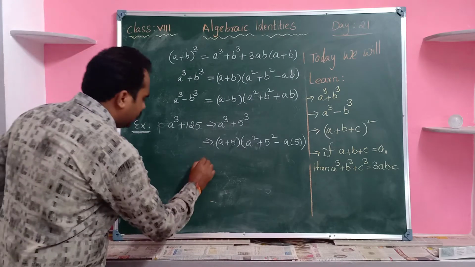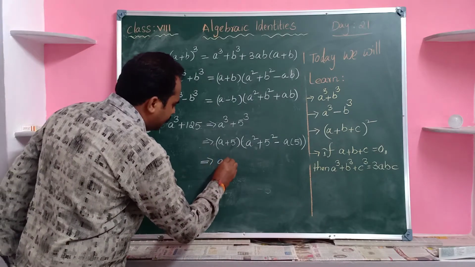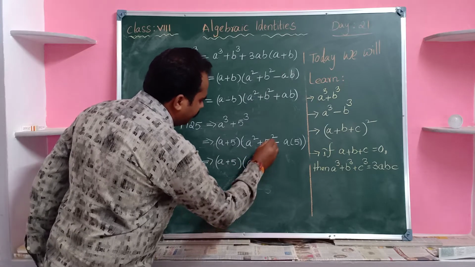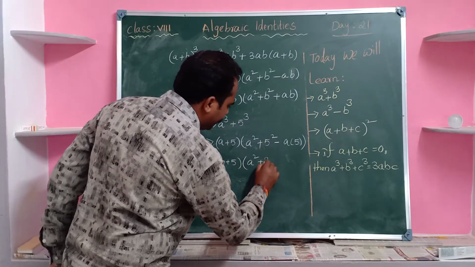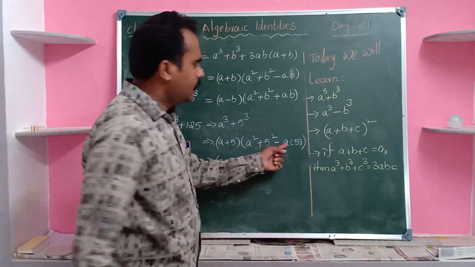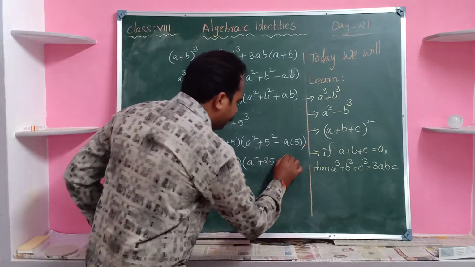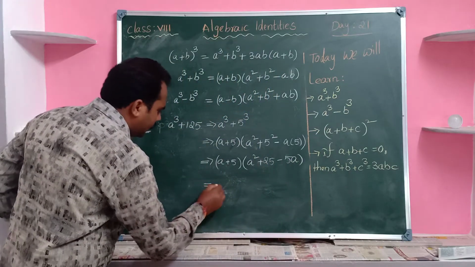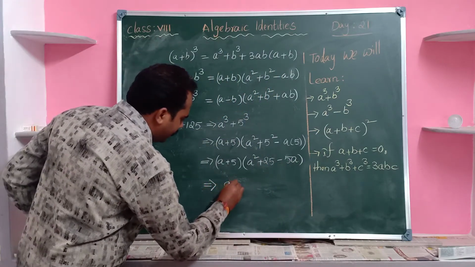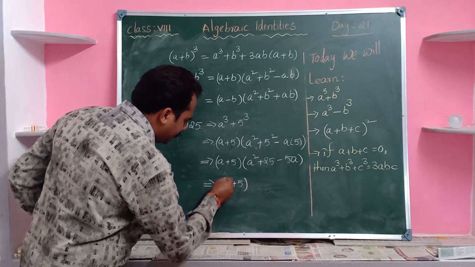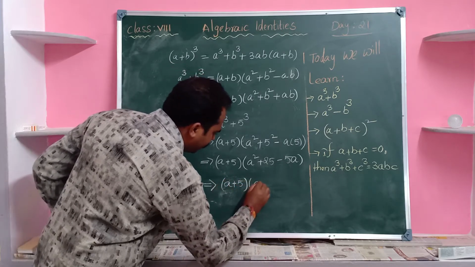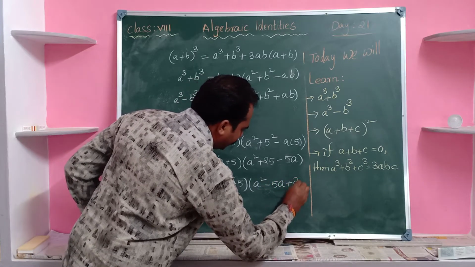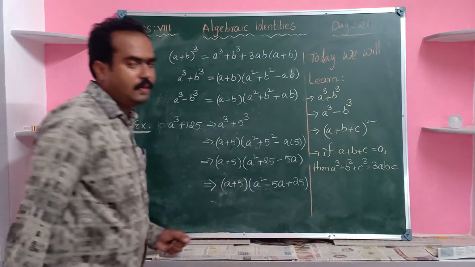So that is equal to (a plus 5) into (a square plus 5 square, value 5 into 5, 25, minus a into 5, 5a). That is equal to (a plus 5) into (a square minus 5a plus 25).